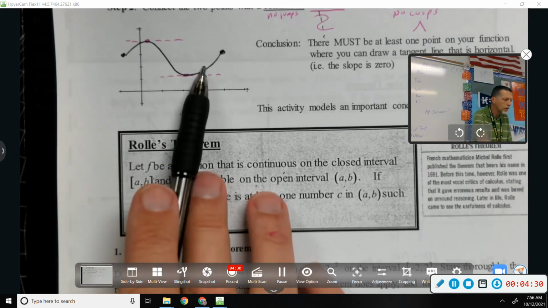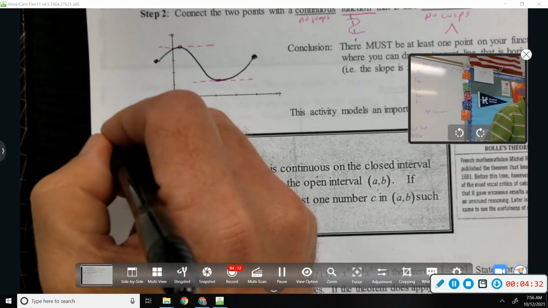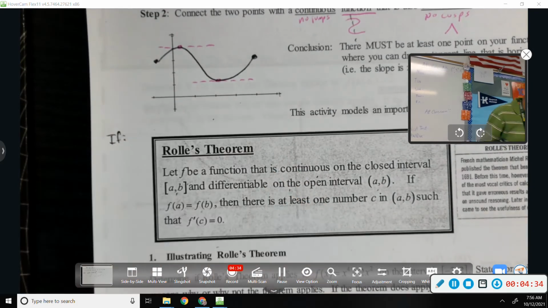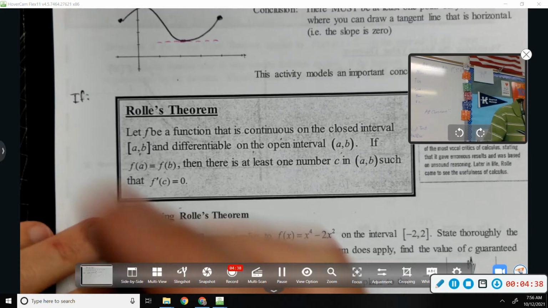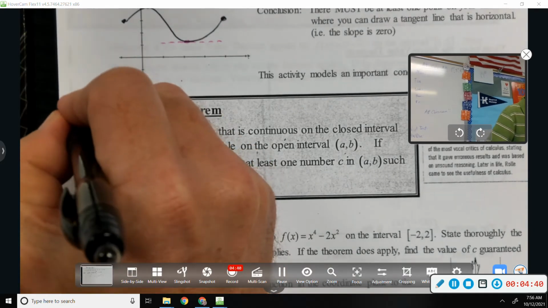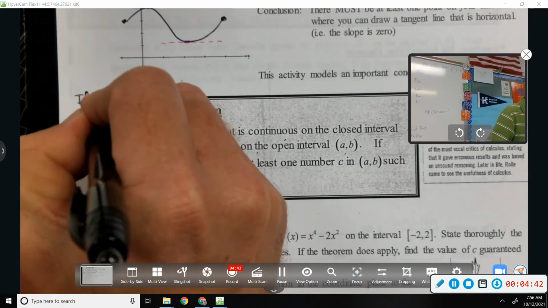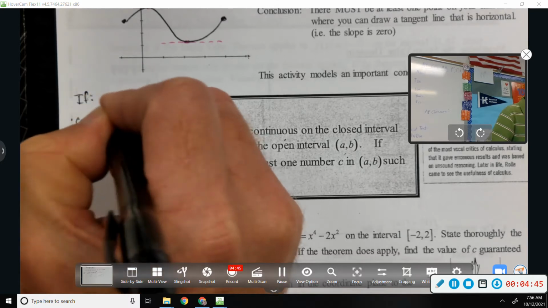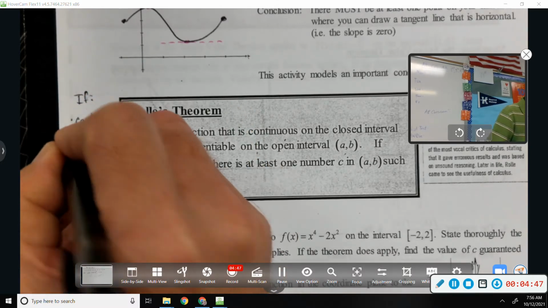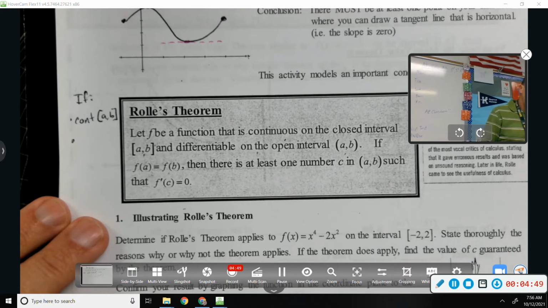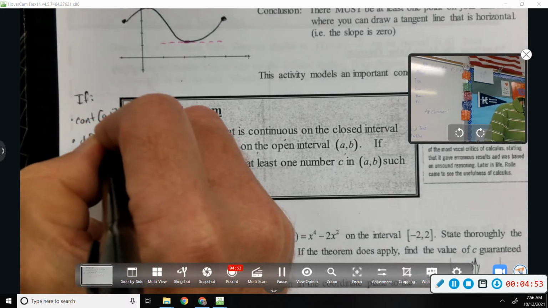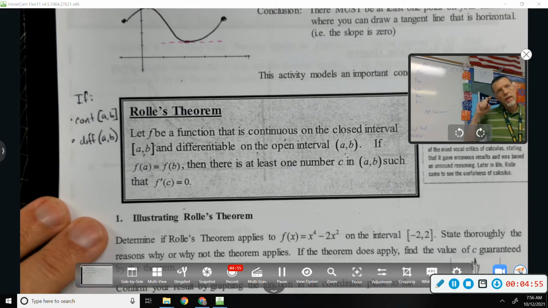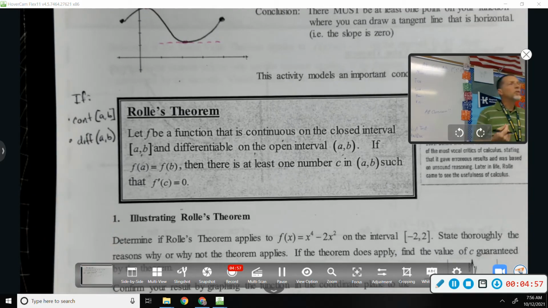Let me try to condense Rolle's as simply as we can. If it's continuous on the closed, if it's differentiable on the open, by the way, those are always going to go together. Continuous on the closed, differentiable on the open.